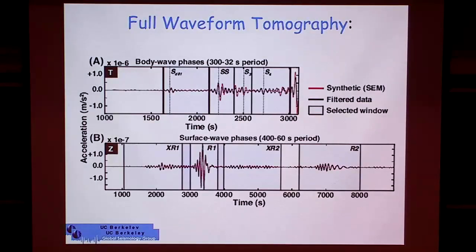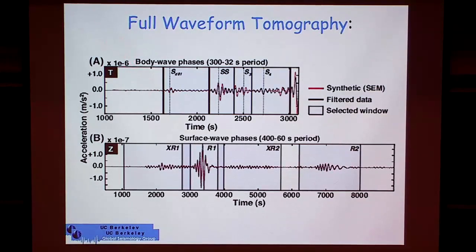In particular, the problem with waveform tomography is that in order to match these theoretical seismograms with the observed seismograms, you have to be relatively in phase, right? The two have to be relatively in phase. If your structure is too far away from the real structure, you may have a very big phase mismatch. Your theoretical wave could be somewhere here, right? And therefore, comparing the two just doesn't make sense.